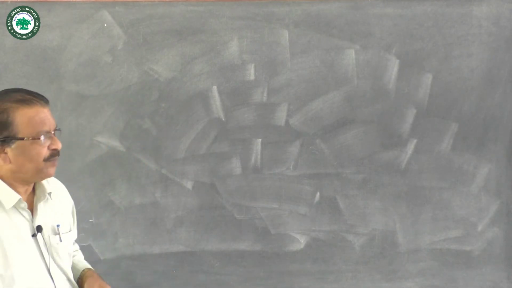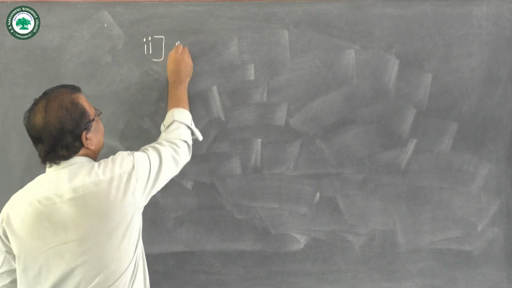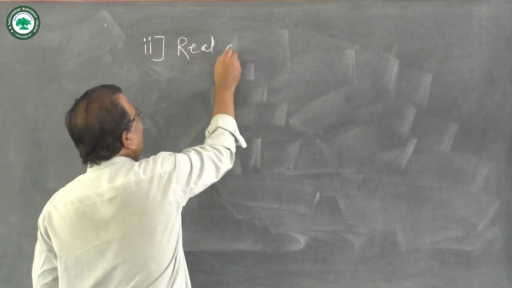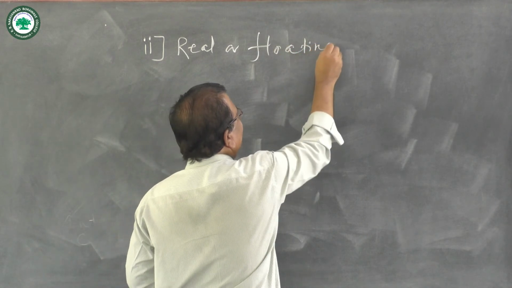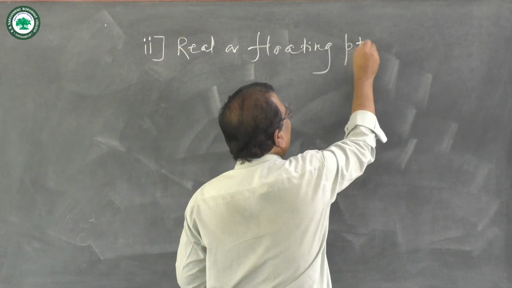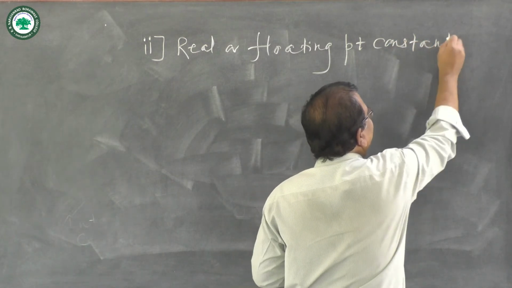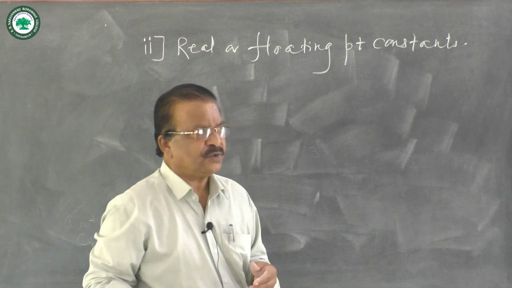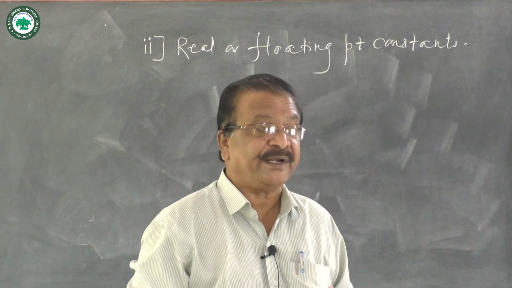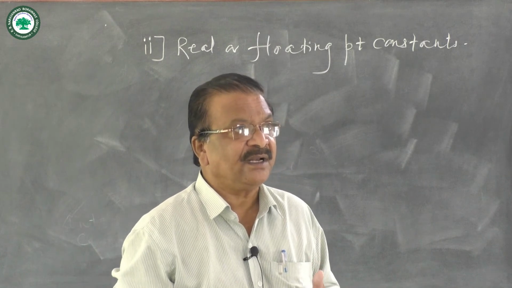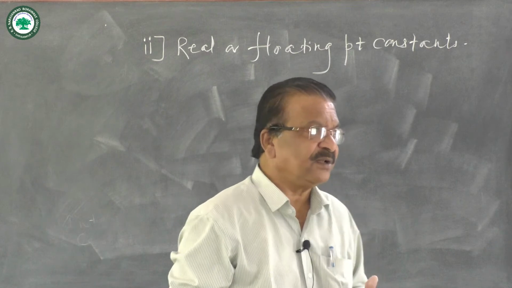Then the second type of constants which we are going to discuss are real or floating point constants. These are truly fractional numbers. A sequence of digits with a decimal point is called a real or floating point number, or fractional number.